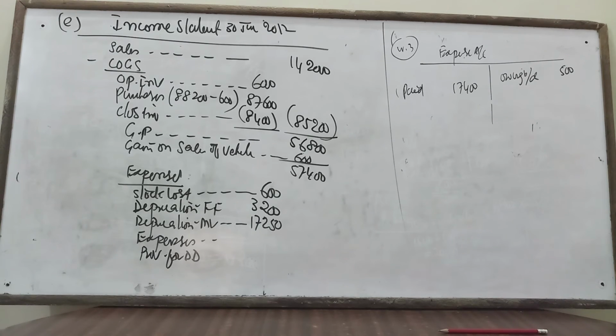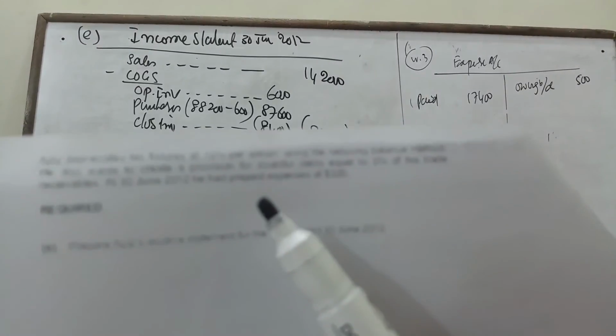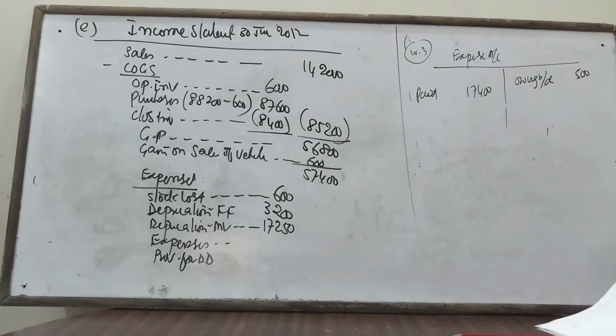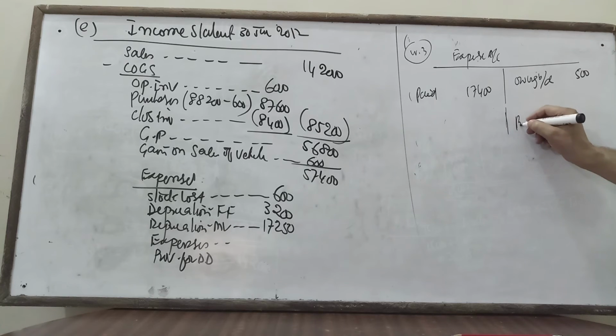Okay, and if you see the last information, expenses owing carried down, prepaid carried down, where is the prepaid carried down? Turn your page. I'm talking about the back side of the question paper. Prepaid expenses of 320 is given there. Prepaid carried down, 320.